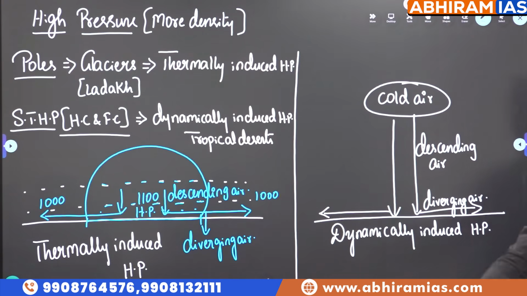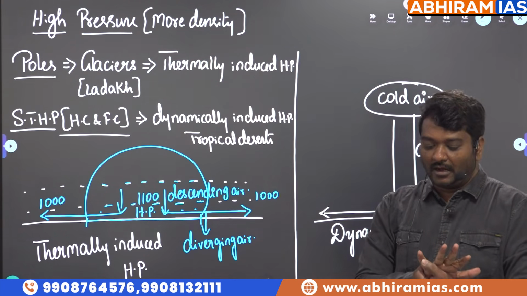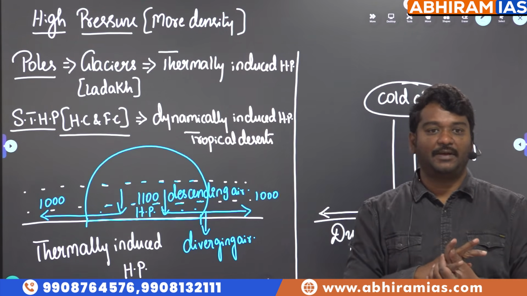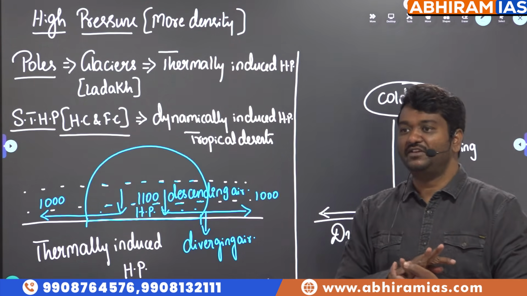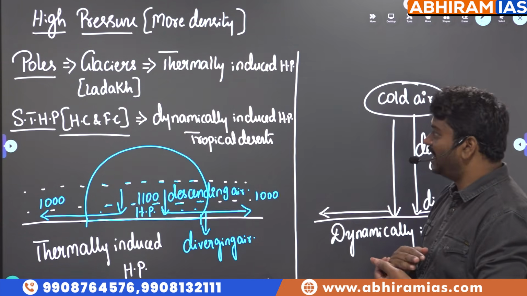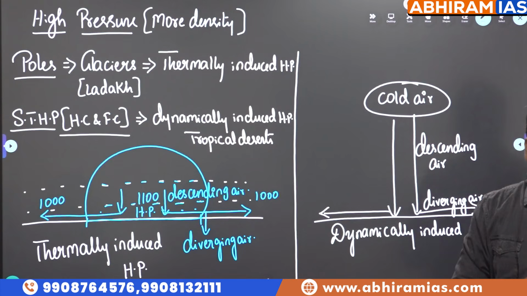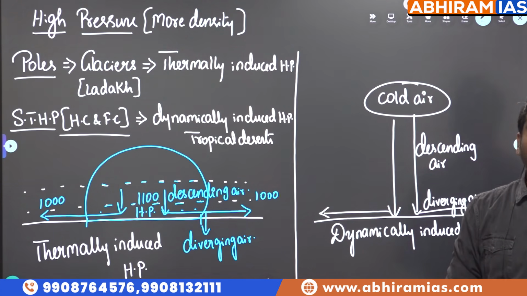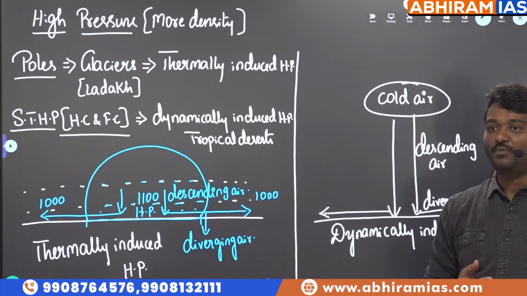Okay. So last, rising air is adiabatic cooling. Descending air is adiabatic heating. Cooling gives rainfall, heating doesn't give rainfall. After that, we have two types of pressures, low pressure and high pressure. Whenever the difference between high pressure and low pressure is more, steep gradient, wind speed will be higher.